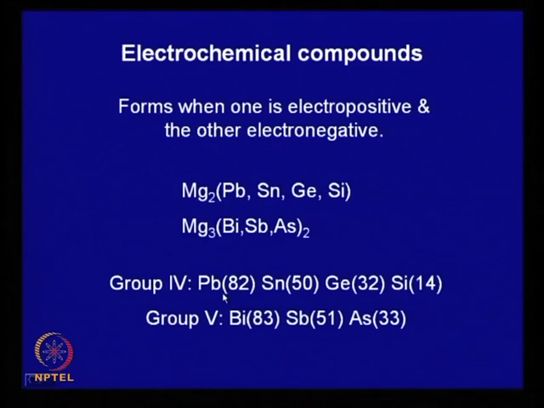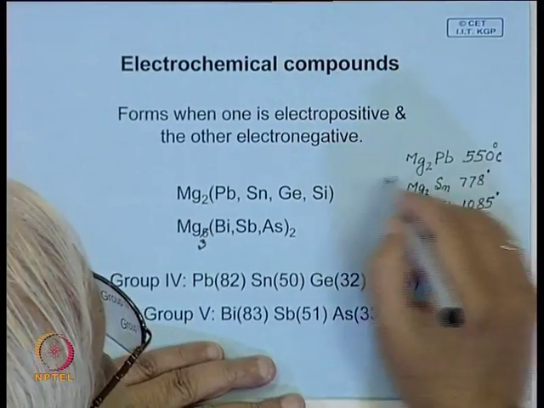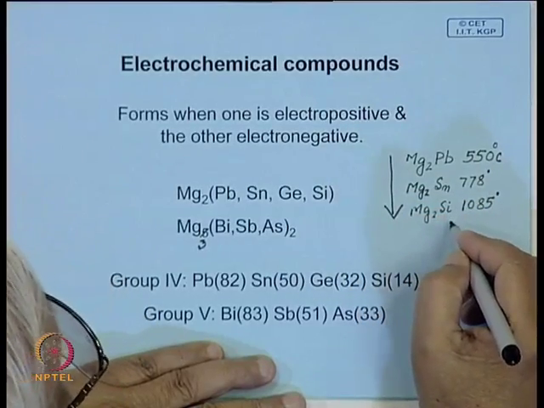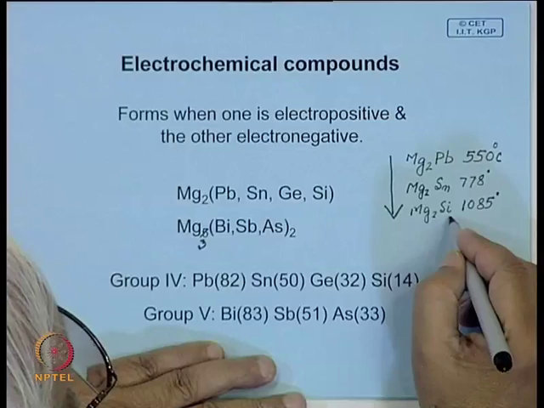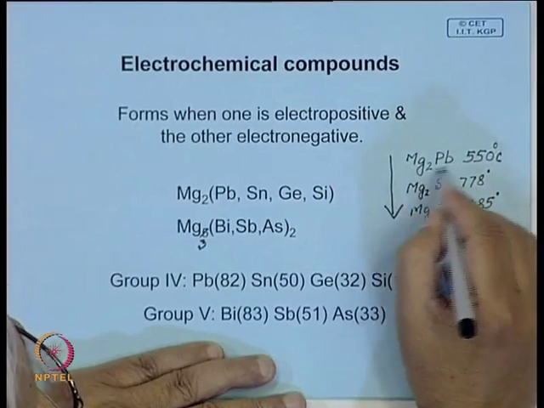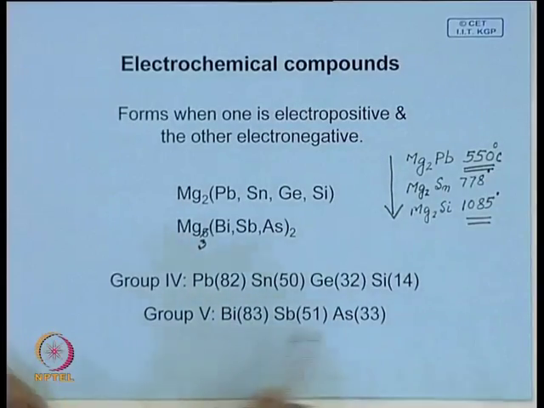So, what we expect is that the stronger the bond, the higher the melting point, and this is shown here. If you look at their melting points, it increases as you go up the group: Mg2Si has the highest melting point, whereas Mg2Pb has the lowest melting point.